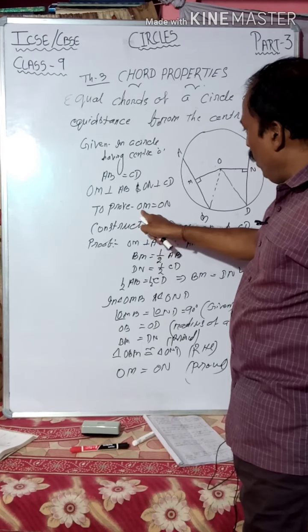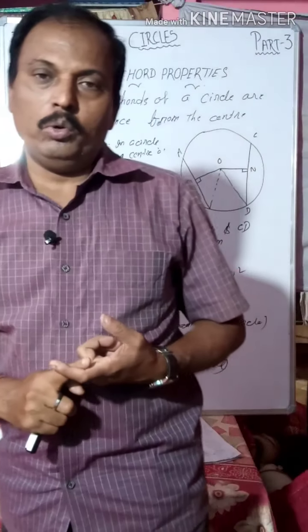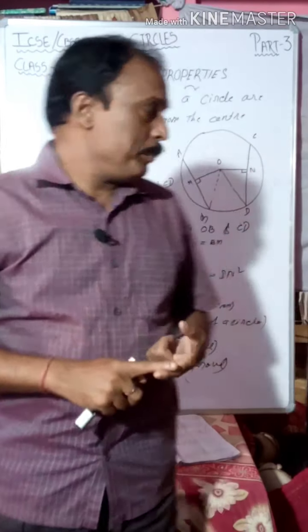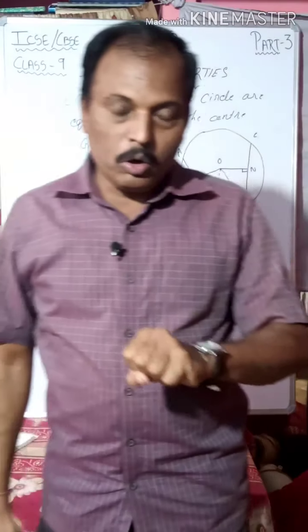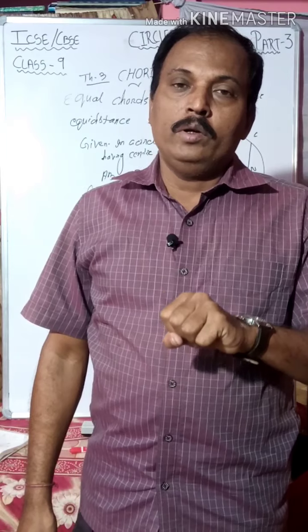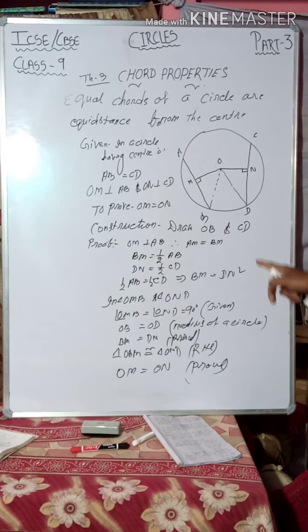Equidistance means OM is equal to ON. When OM is equal to ON, we understand that AB and CD are two chords which are at equal distance from the center. So this is the statement, this is the proof.